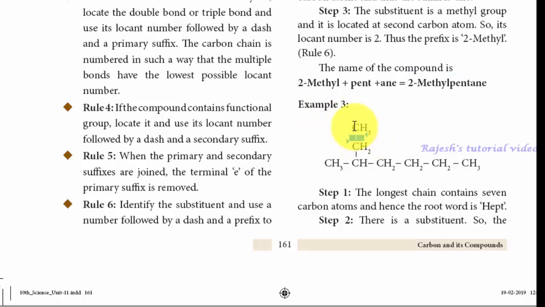Coming to the third example, as I told you while explaining the first rule, the longest chain here starts from the top. So the compound contains 7 carbon atoms, so the root word is hept. There is a substituent methyl group, and to get the least number, the numbering of the carbon atoms starts from the top. The number for the methyl group is 3.